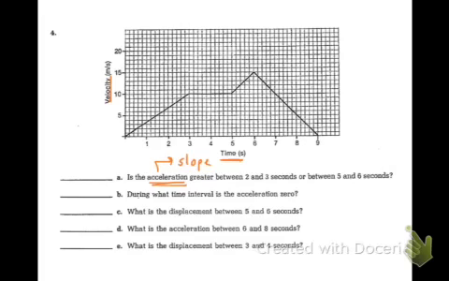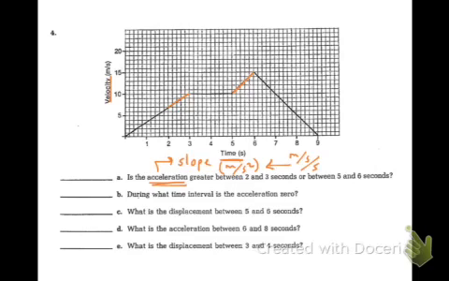right? Because acceleration, you're looking for meters per second squared. The only way to get to that would be if we had change in y, which is meters per second, so change in y over change in x. So you look at the slope. You could mathematically determine the slope for this line segment and the slope for this line segment.